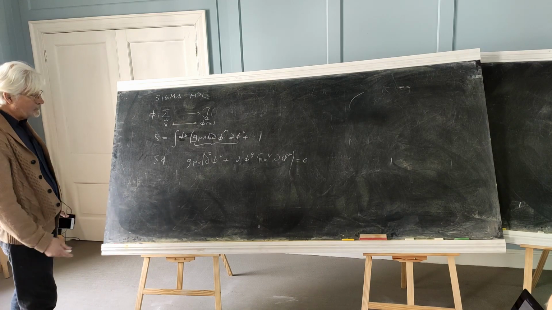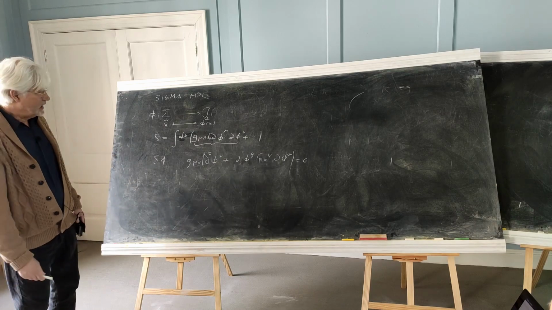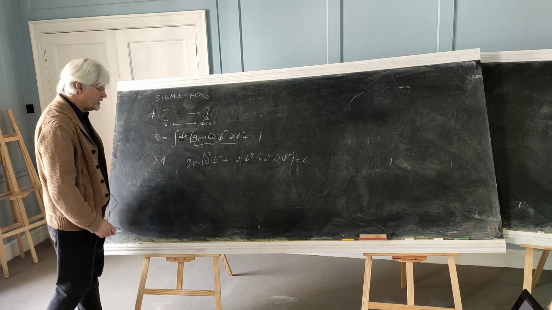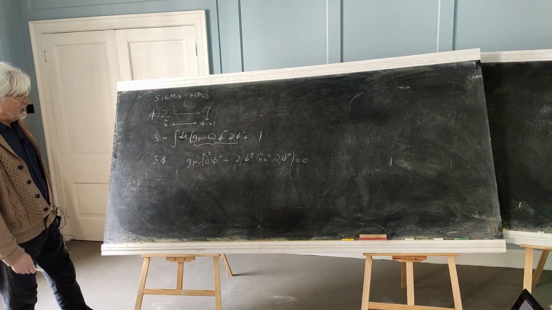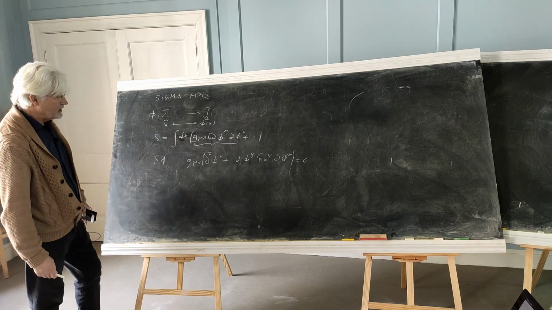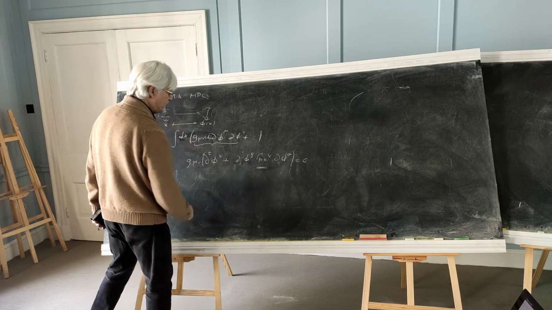What I want to point out from this is that clearly G mu nu, a symmetric tensor, you can think of as a metric on the target space, and here's the Levi-Civita connection for that metric.